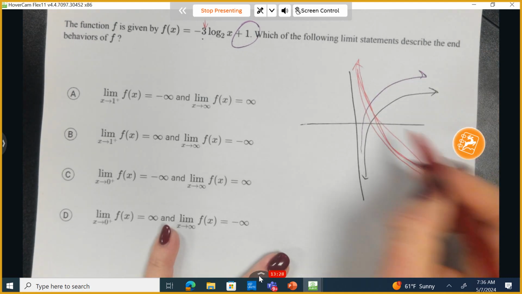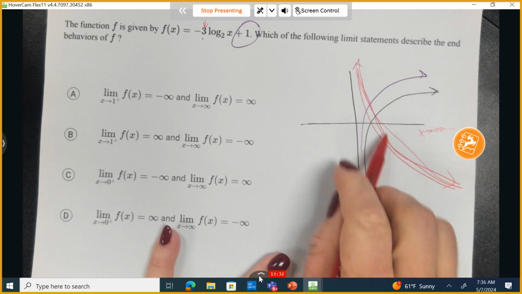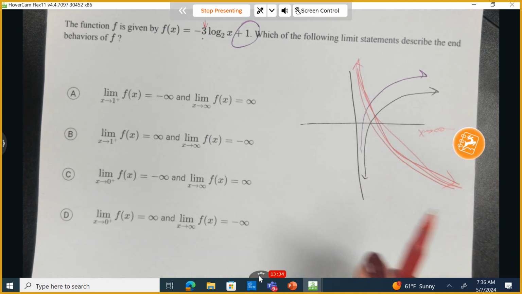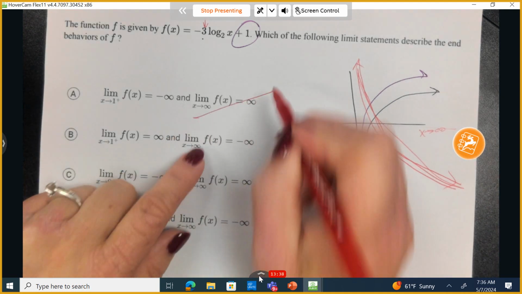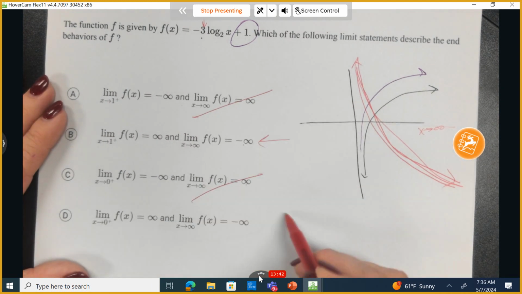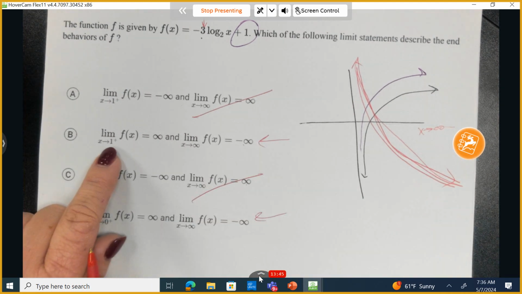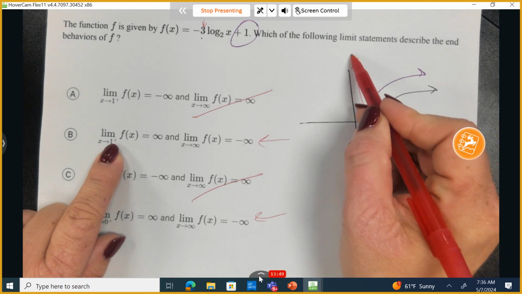So now I'm going to say, this is the one I think is the easiest. This is my picture. As I go to the right, so as x goes to positive infinity, everybody agree it's going down? So that's how I'm going to first look at this. As x goes to positive infinity, it's not going up, it's going down. It could be this one. No, it's not going up, it's going down. So these are my two choices. Now I'm looking over here. As we approach 1 from the right-hand side, which way is it going? Up.